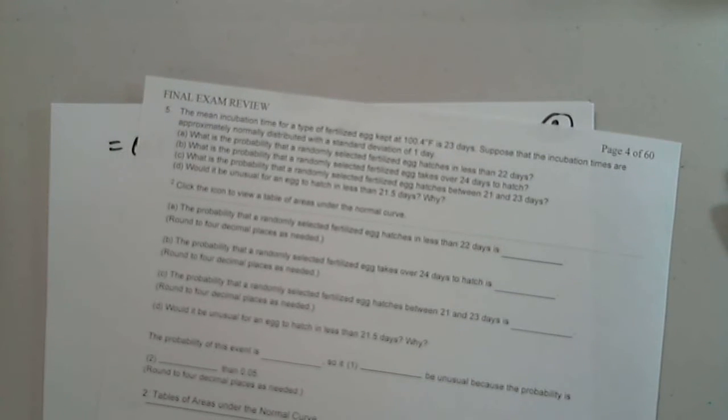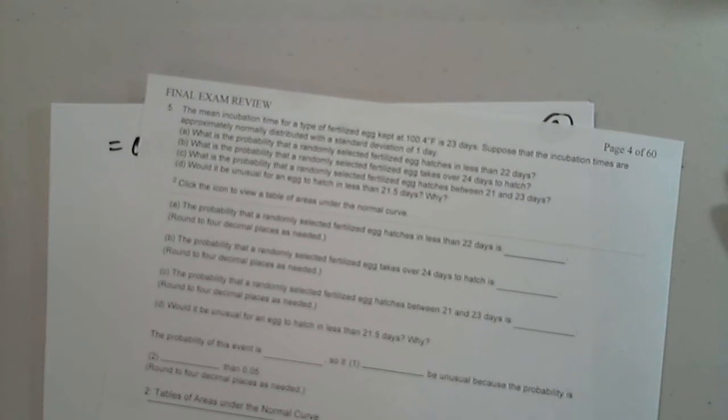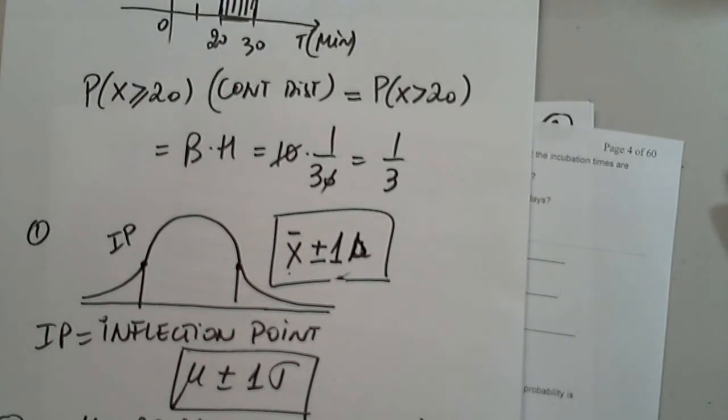I was just going through all these steps for the normal. And we don't want in between. We want standard. So the mean is 23. No, the mean is 22, was it? The mean was 23, yes.